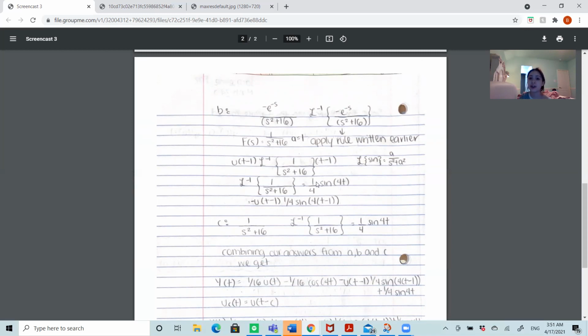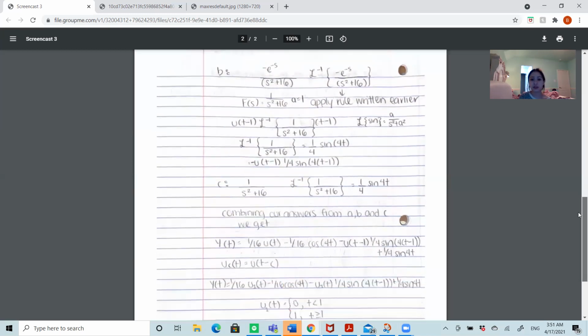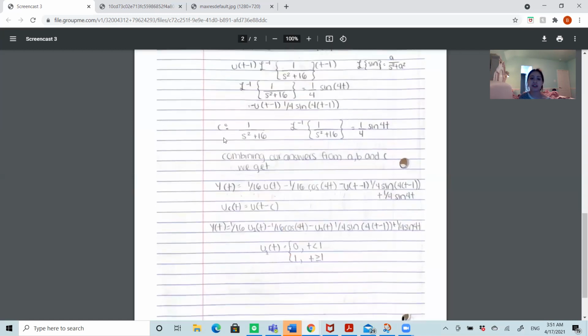So that's why we add the 1/4 in front of it. So this is the inverse Laplace transform of the term b. And then we will just get the inverse Laplace transform of the term c, which is the easiest one. It's the same as this right here, as you can see. So it'll also be 1/4 sine of 4t.